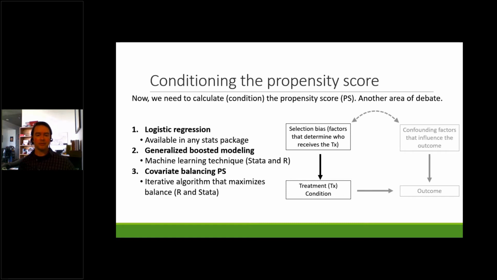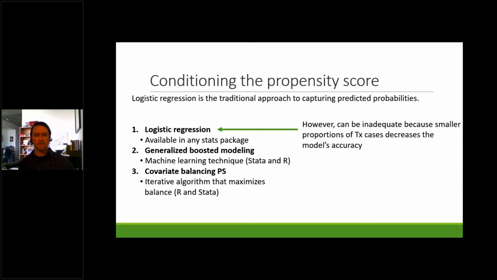But this is another area of hot debate as to which one you should be using to actually condition or calculate your propensity score. So while logistic regression is the traditional approach to capturing predicted probabilities, recent studies have highlighted how it can be inadequate as it's heavily dependent on the base ratio of treatment cases to comparison cases.